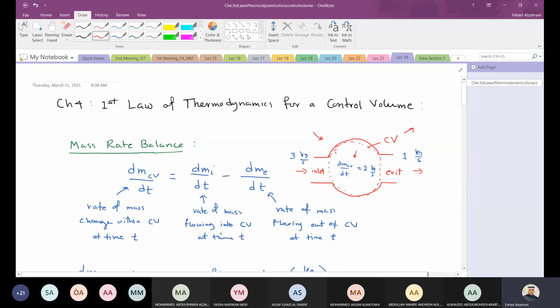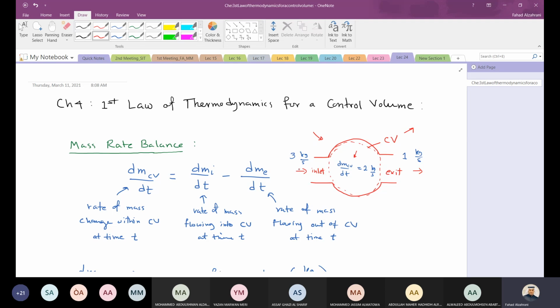So we can write it, based on this example. In general, in a control volume, Shabab, or if we have a flow, we usually like to talk in terms of unit time. So how much mass is flowing per unit time, or let's say here I have 3 kilograms per second. So each second has 3 kilograms of mass flowing through this inlet, for example.